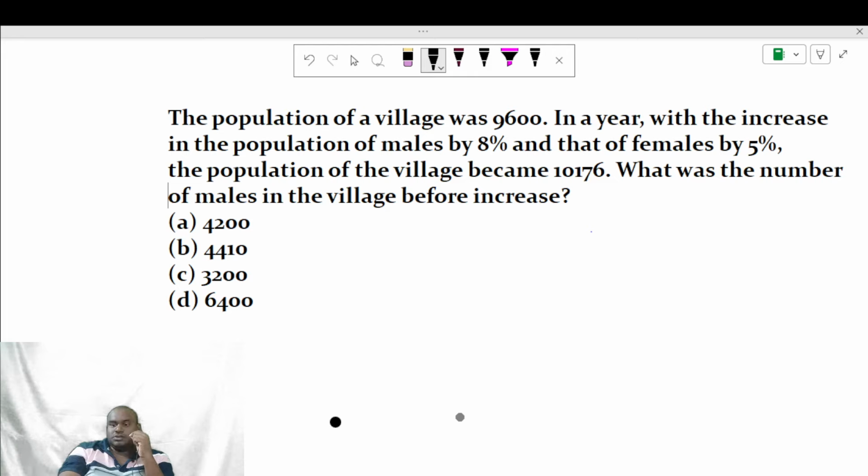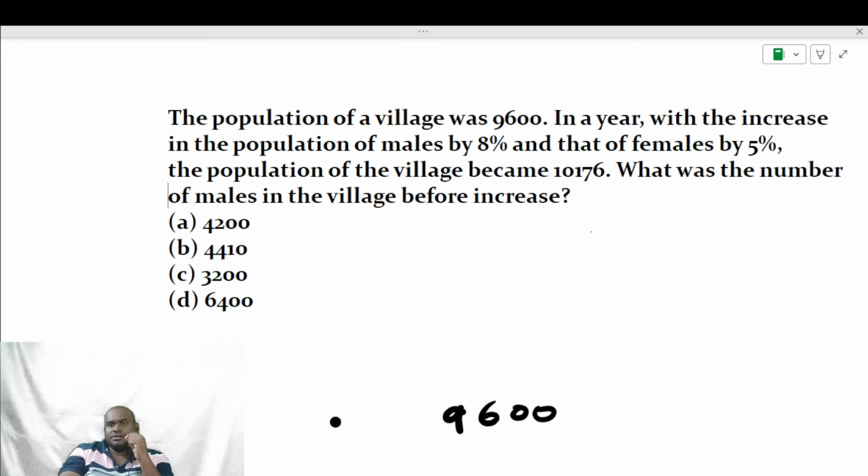So initial population was 9,600. There were females and males. I'll assume males as m plus females as f, which is equal to 9,600.